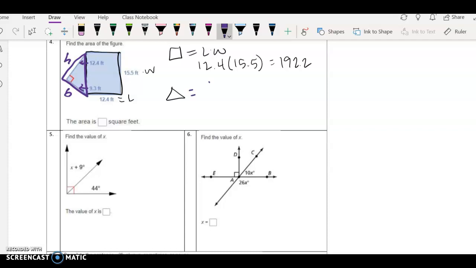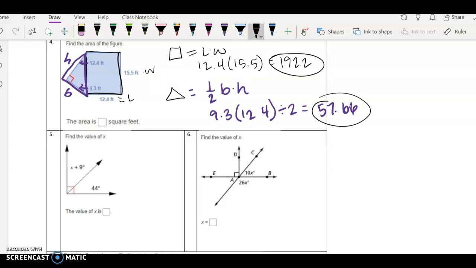And for a triangle, we have 1/2 the base times the height, which means I do 9.3 times 12.4. And to multiply by 1/2 is the same thing as dividing by 2. When I plug all of that into my calculator, I get 57 66/100. And now I add both of these together.